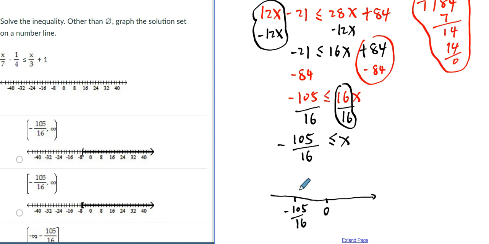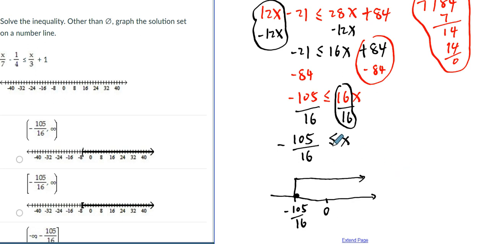Okay, now this is the dividing point. This point is included, there is an equal sign here. So it's a solid point. And from this point, x is greater than that negative number, even 0 is greater than a negative number. So you want to go from this point to the right. And then what is the interval representation?